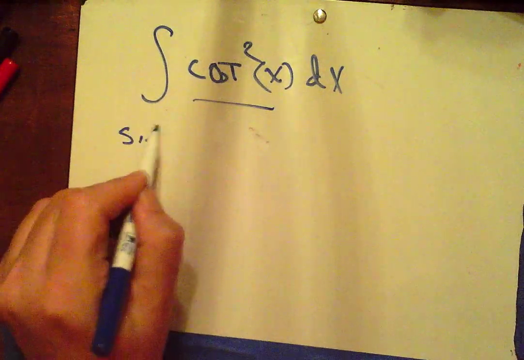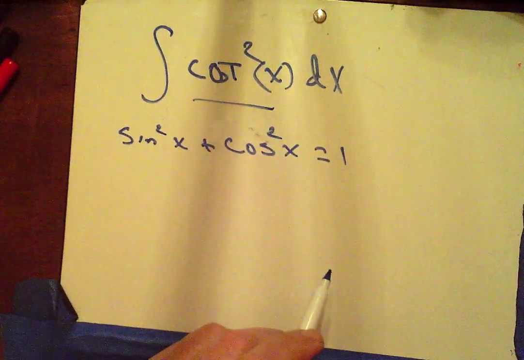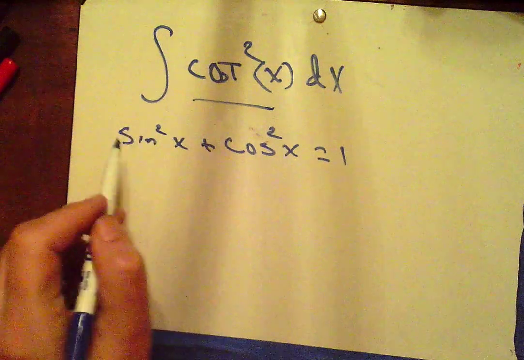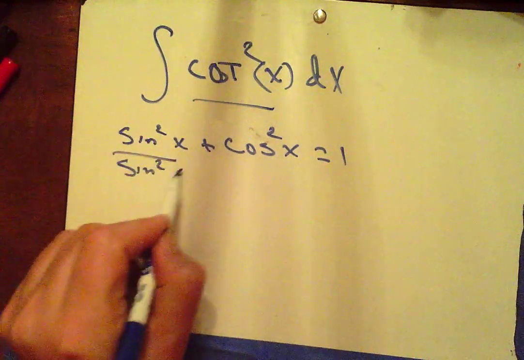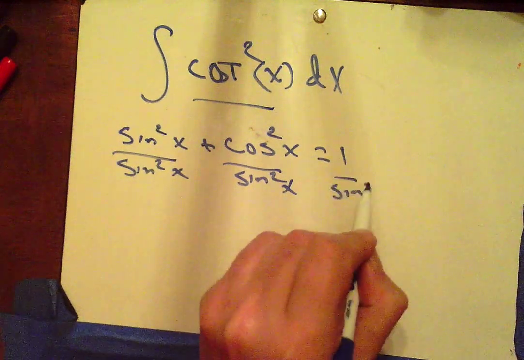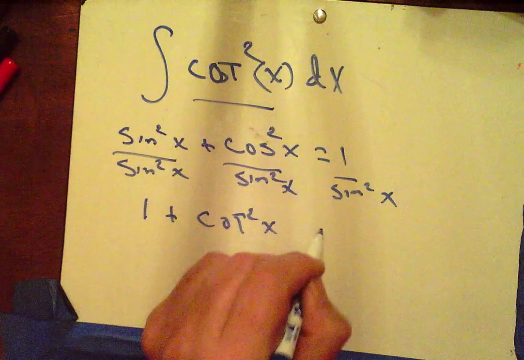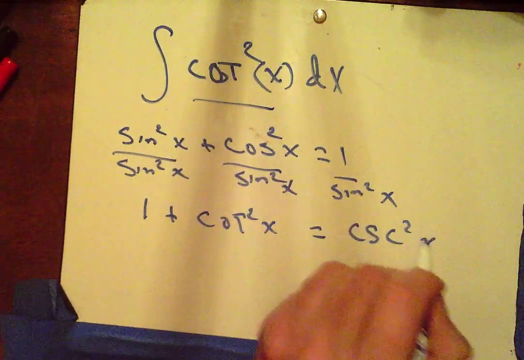But what I can do here is use a Pythagorean identity. Remember how sine squared plus cosine squared equals 1? And if we divide everywhere by sine squared, we could write this as 1 plus cotangent squared equals cosecant squared.